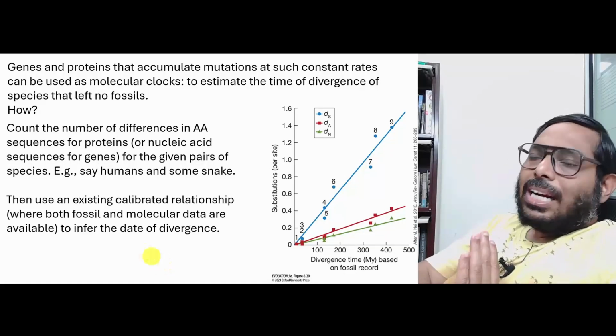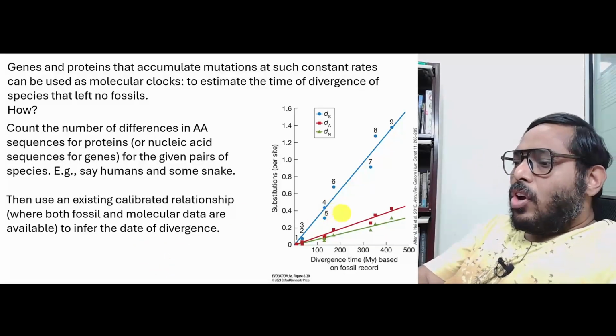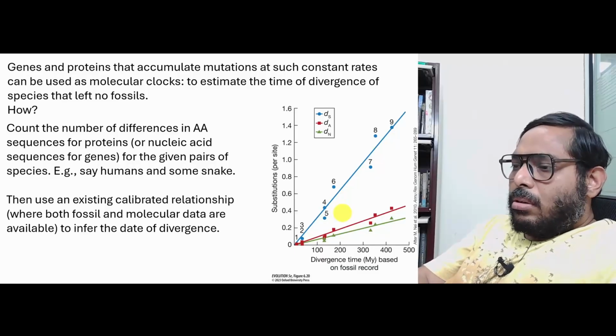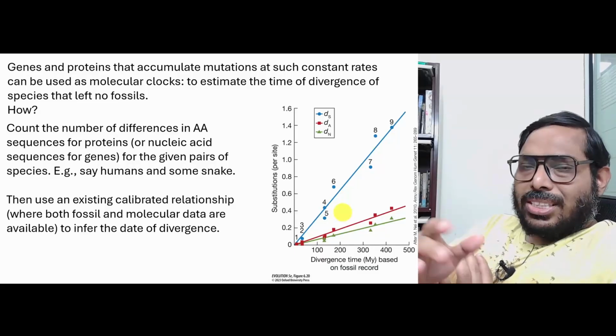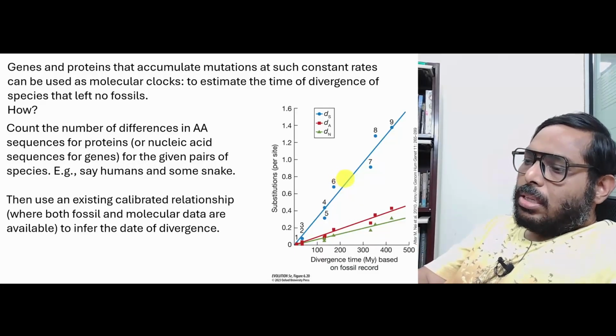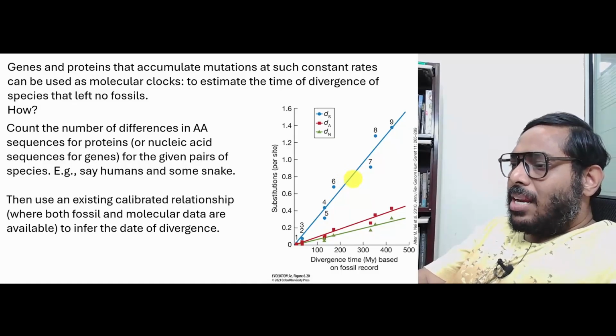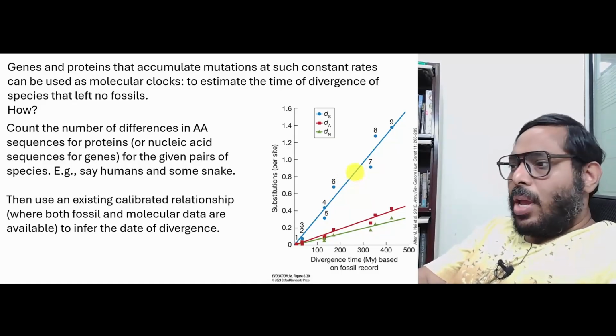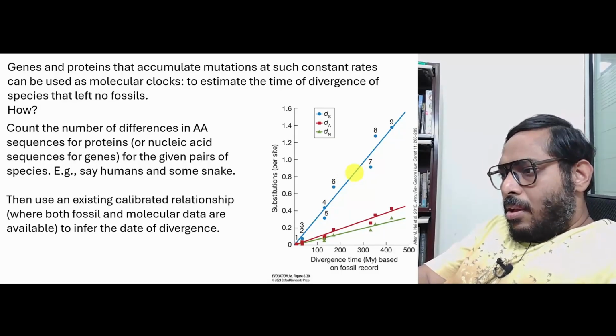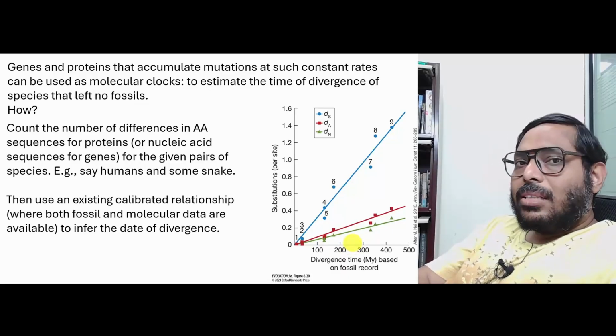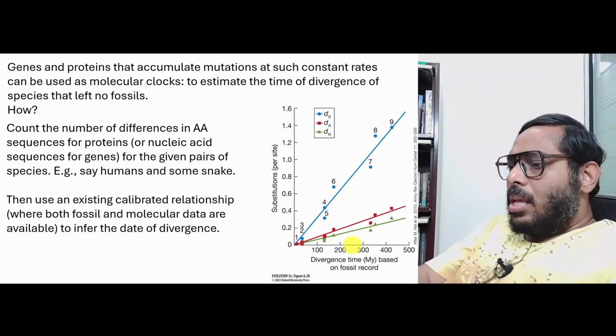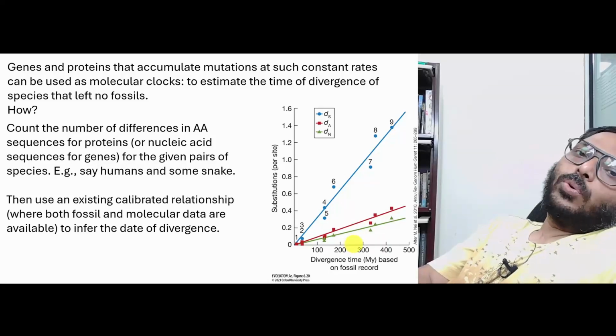So, for example, let us say that we observe that for the snake that we have in mind, the synonymous substitution rate is, let us say, somewhere over here. Okay. So, from this data, we can now go down and say that the ancestor of that snake and humans diverged from each other, say, about 250 years ago, right.